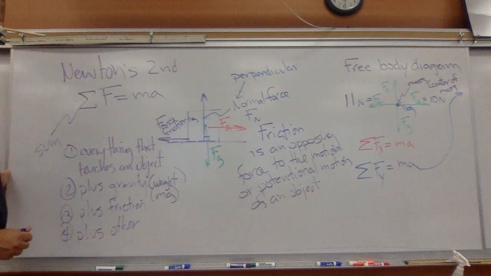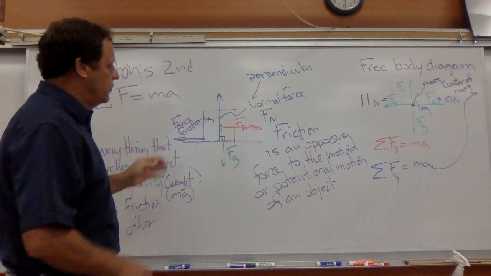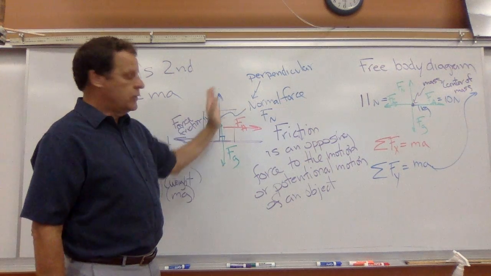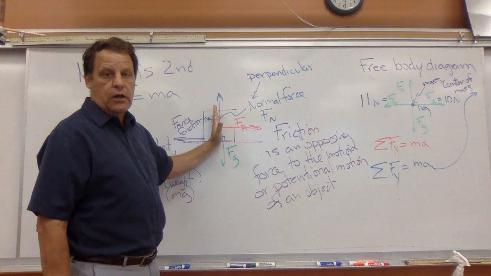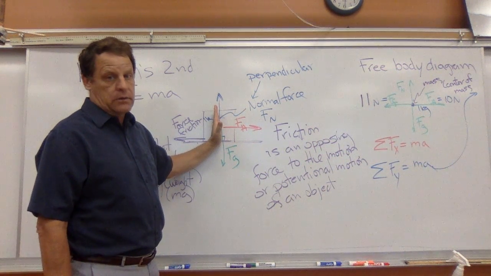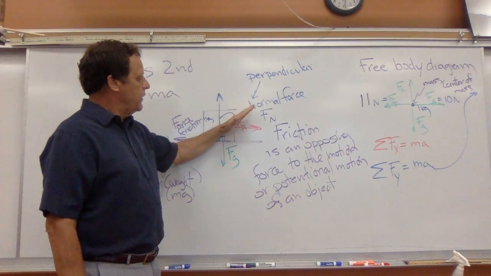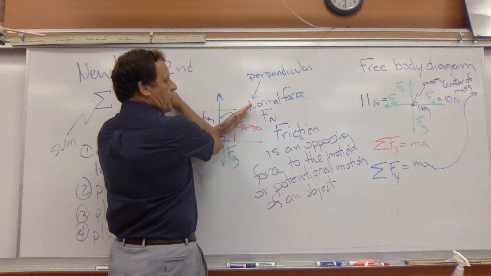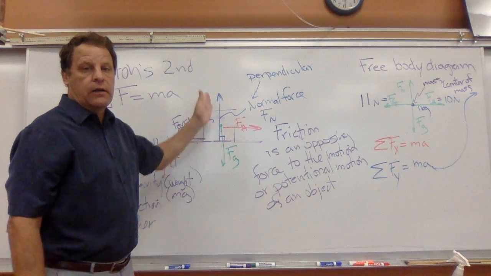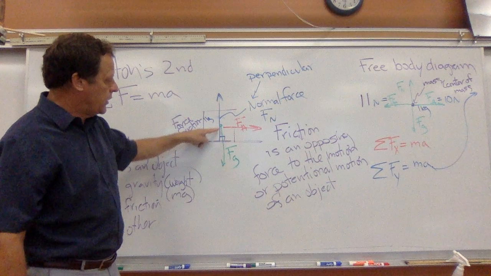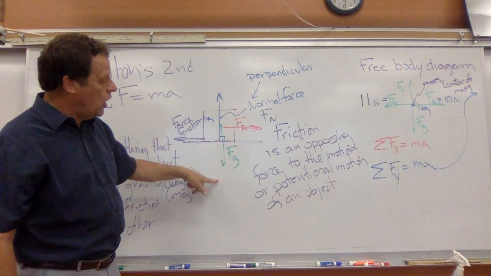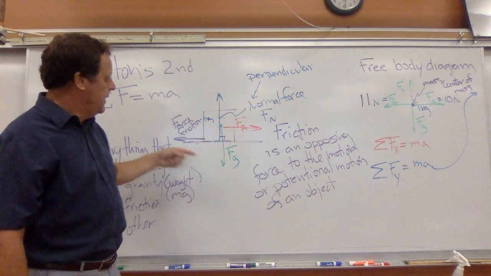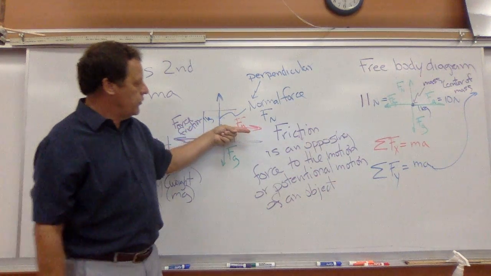Okay, so just a quick review. When we talk about different types of forces, we have a normal force, and that is a perpendicular force that is always going at a right angle to the surface. So if you had a sloped surface, then the normal force would be perpendicular to that, not straight up and down. The force of gravity is always going straight down. And we have an applied force.